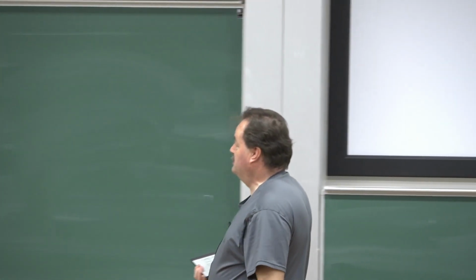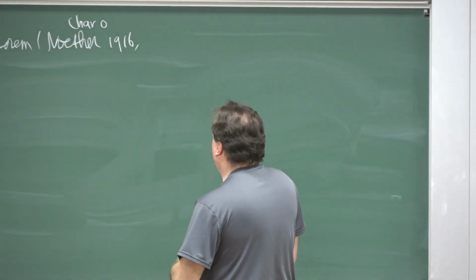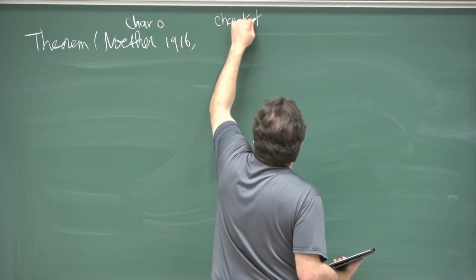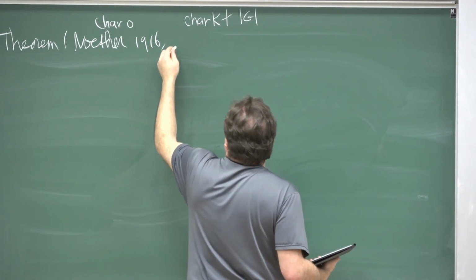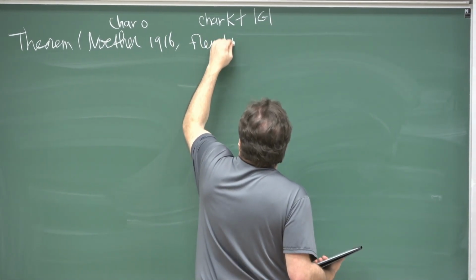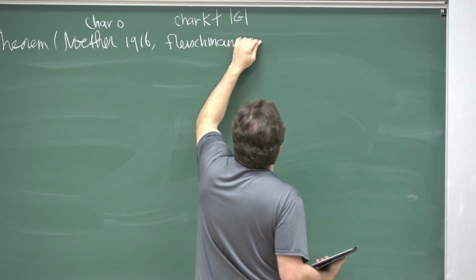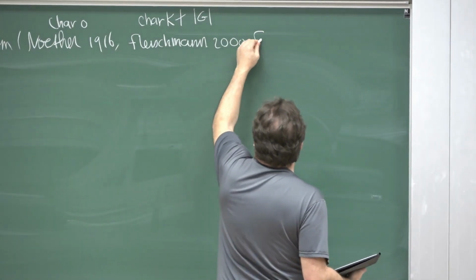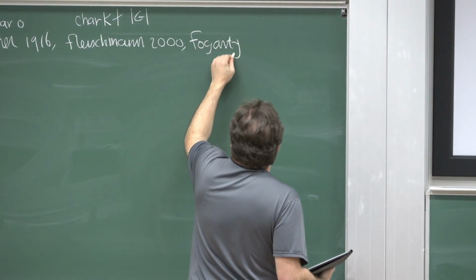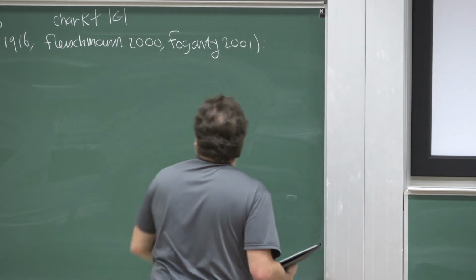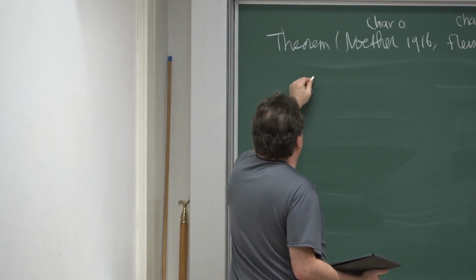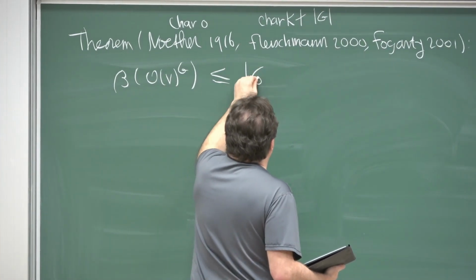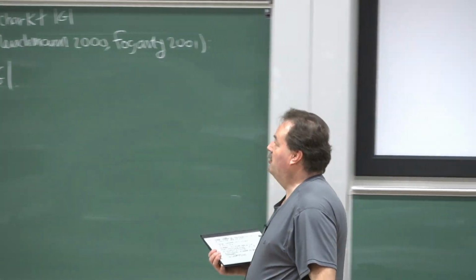And this bound was further generalized to the non-modular case, which means the case where the characteristic of K does not divide the group order, by Fleischmann in 2000, and almost around the same time also by Fogarty, 2001. So this bound says that the invariant ring is always generated by invariants of degree at most the group order.